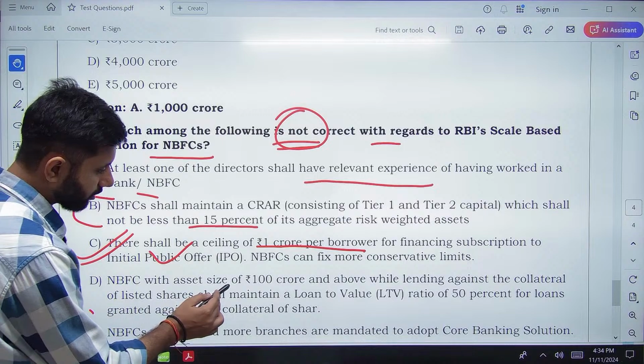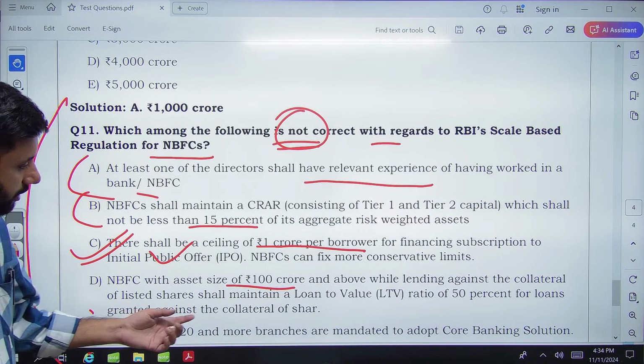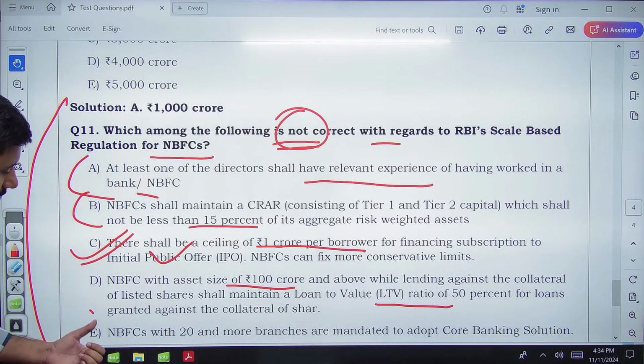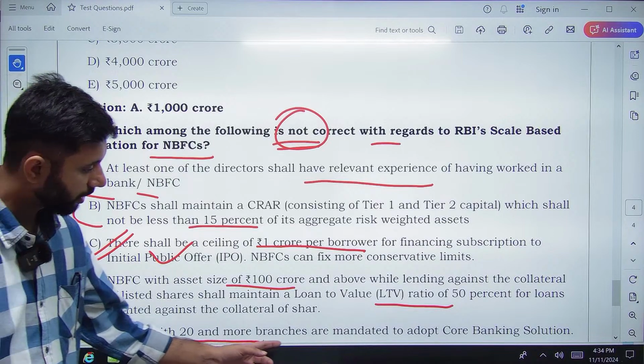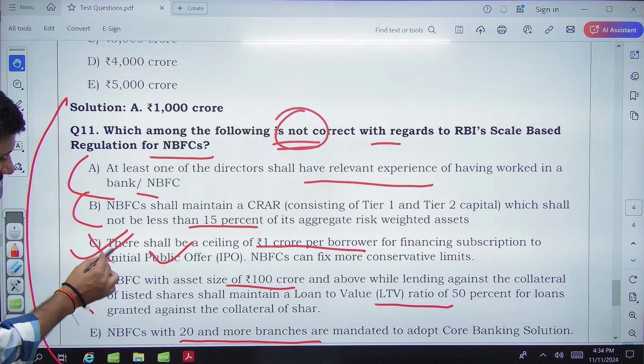NBFCs with asset size of 100 crores and above, while lending against the collateral, shall maintain a LTV of 50%. Or lastly, NBFCs with 20 and more branches are mandated to adopt core banking solution. तो ये statement तो eliminate हो गया.